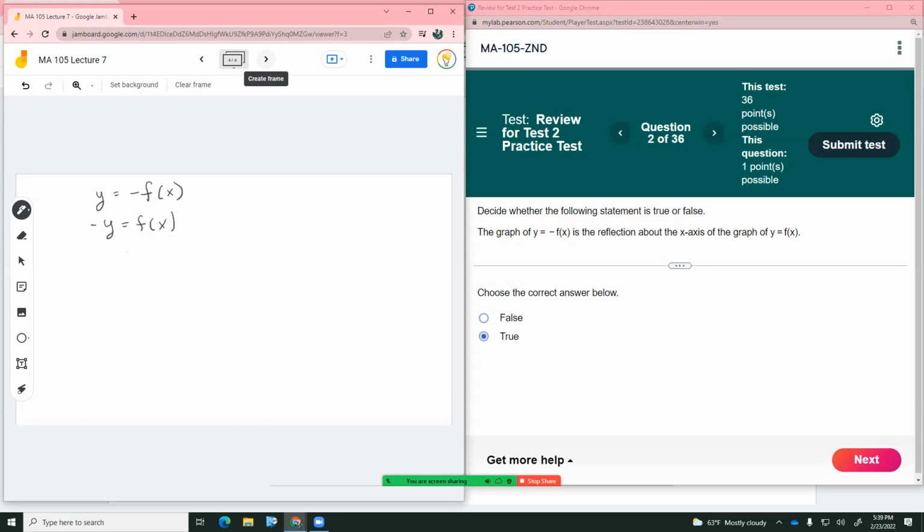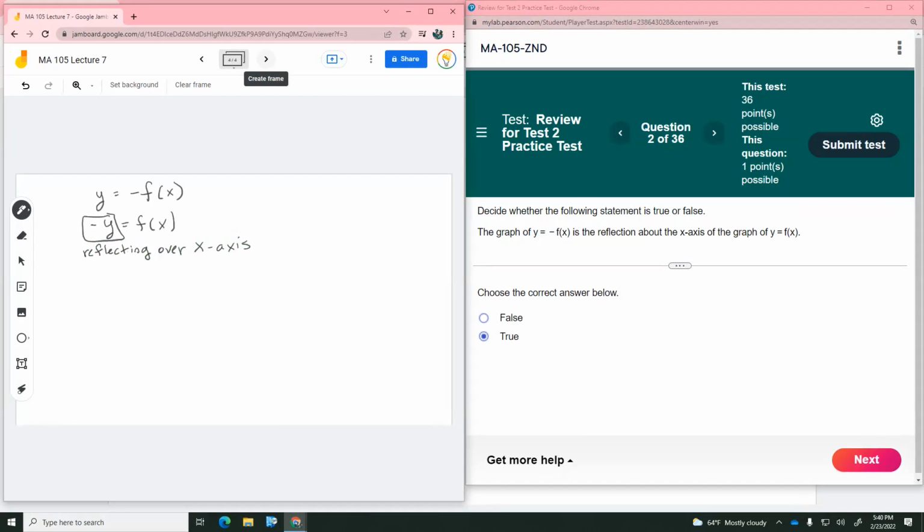So if the negative's on the y value, on the outside, that means you're reflecting over the x-axis. Because remember, reflections are crisscross. To reflect over the x, make y negative. To reflect over the y, make x negative.